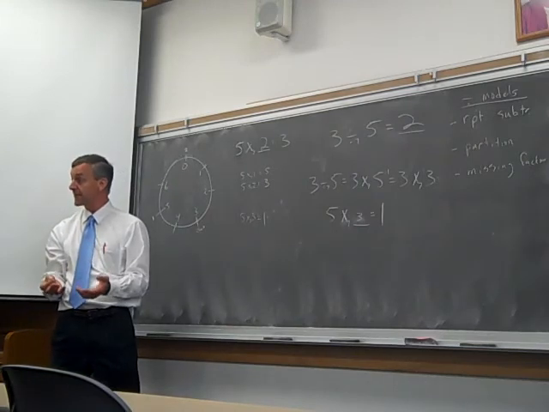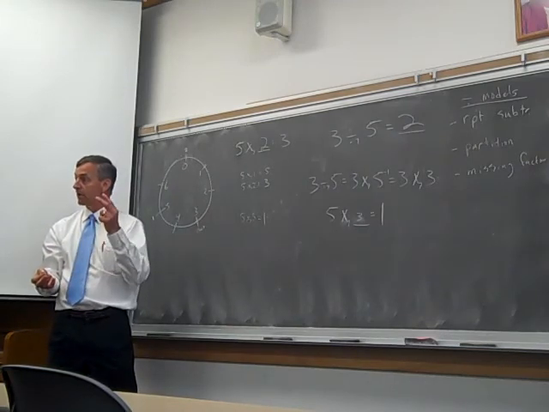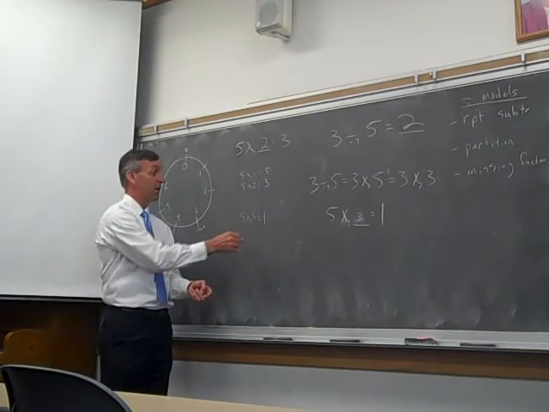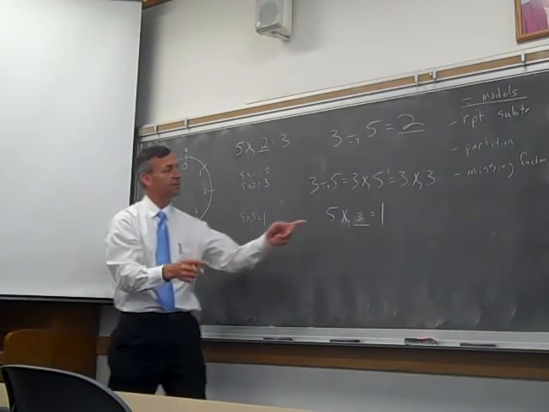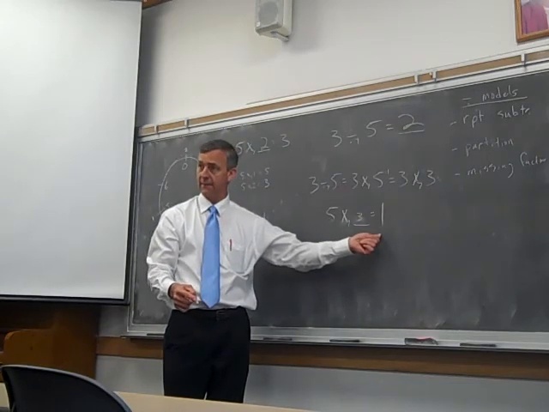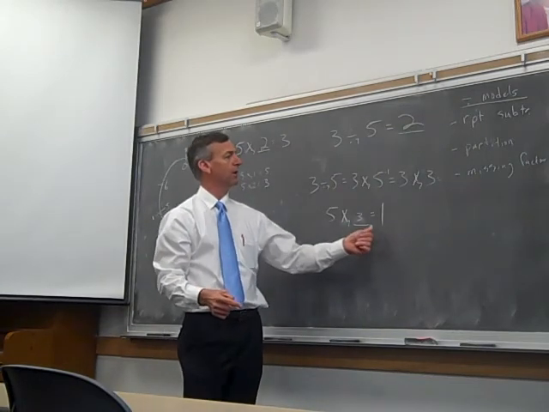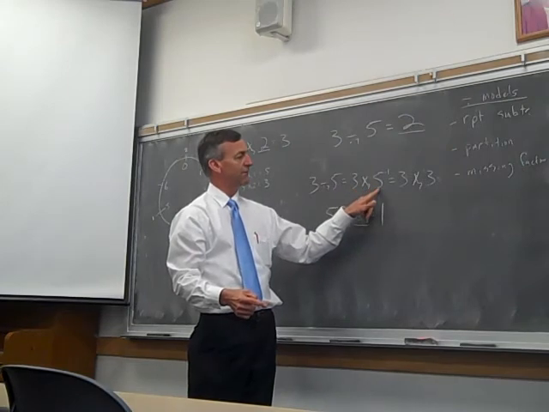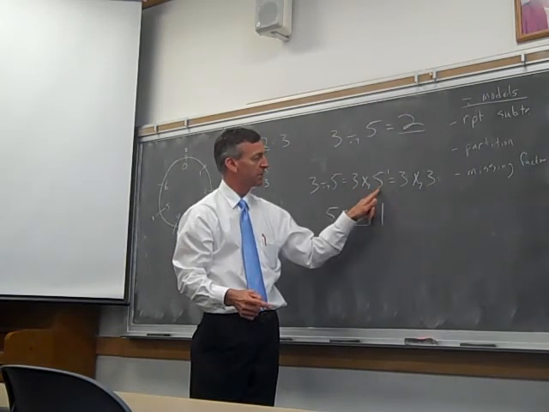You divide 15 by 7, it goes in twice with a remainder of 1, which means that 3 has got to be the inverse of 5. Why? Because it yields the identity.